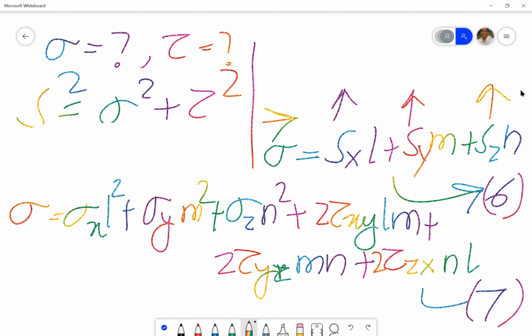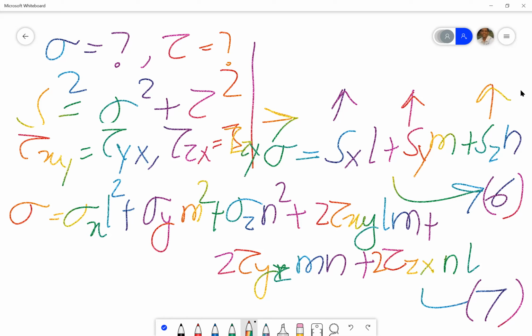Here we go for the assumptions that tau xy equals tau yx, and similarly tau zx is equal to tau zy.